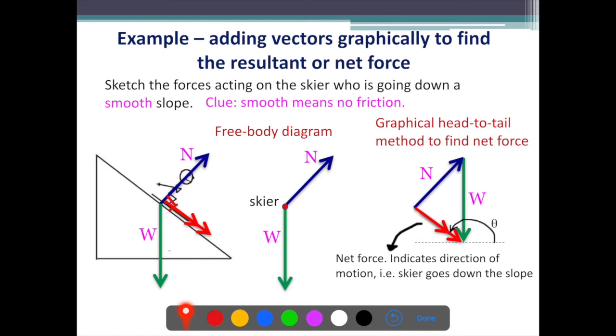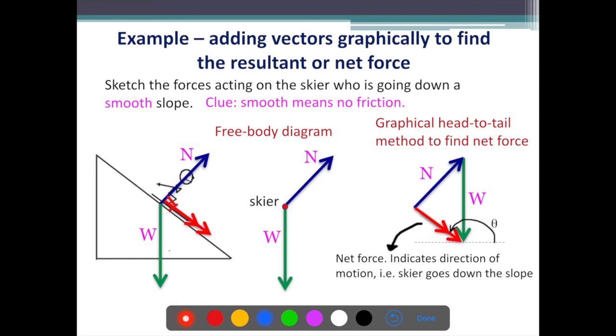Okay. There's also a way of finding the resultant force from the free body diagram, and this is called the parallelogram rule. That's why it's called parallelogram rule, because using these two forces, you sort of draw a parallelogram.